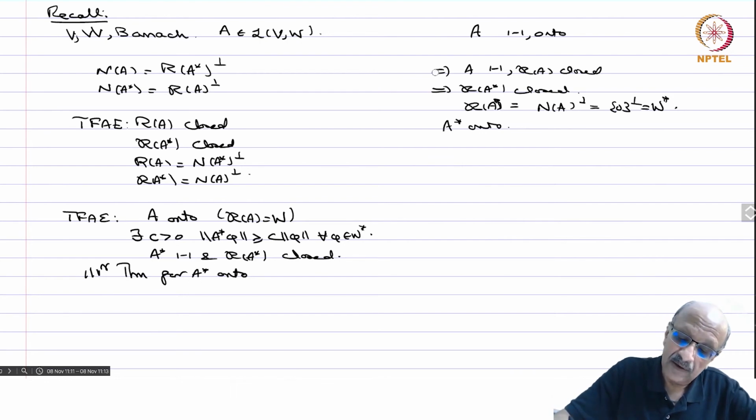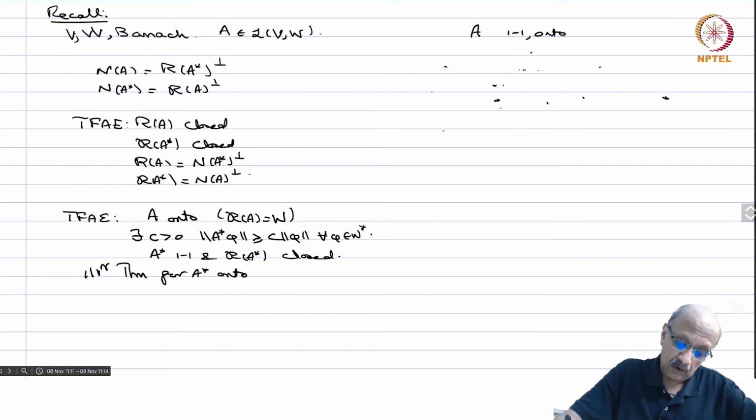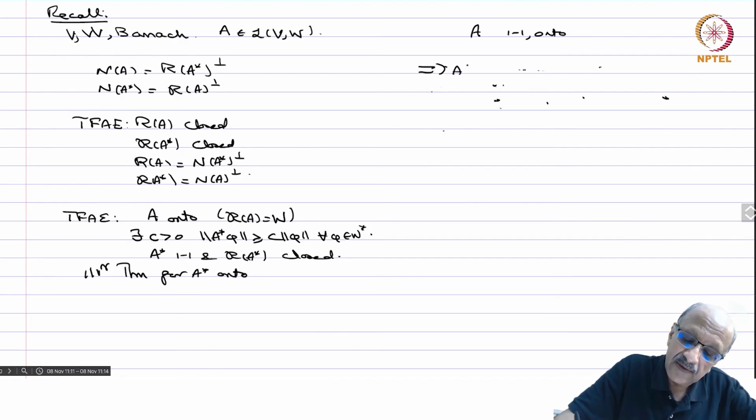Let me repeat this. A is onto, therefore A star is 1 to 1 and range of A star is closed.